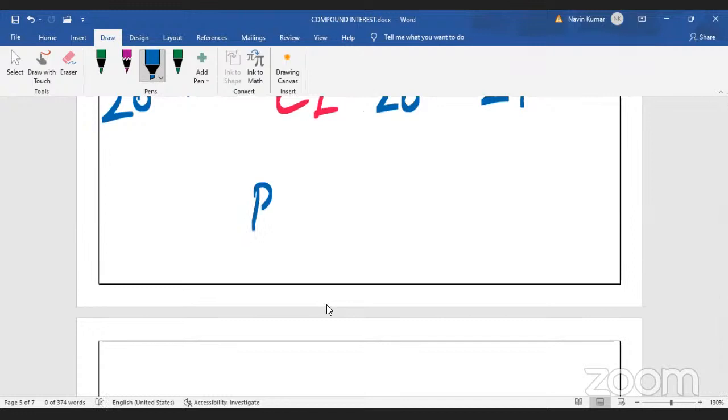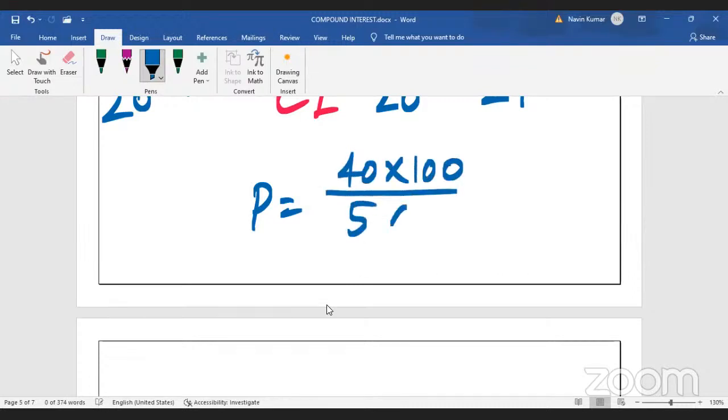You have to find principal, which is equal to simple interest for 2 years, 40 rupees, into 100 into rate into time. हाँ, इसको सॉल्व करेंगे तो क्या आएगा? 400. बस वही तो आंसर है.